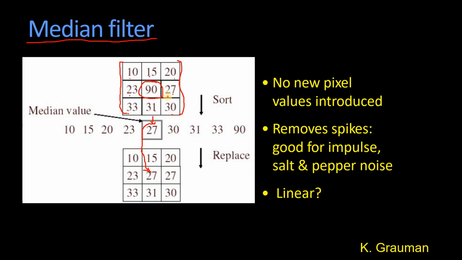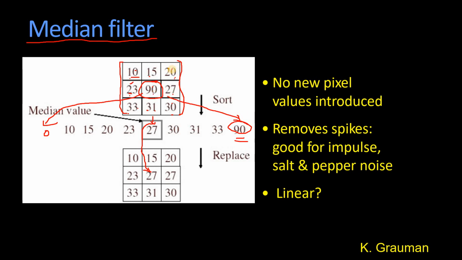Your noisy value will always be on this side if it's a white dot, or it will be on this side if it's a black dot. So if the value is 0, it will come over here, or if it's very high, it will come on the other side. So the median will always be one of the neighbors that exists, but the noise will not come over here.